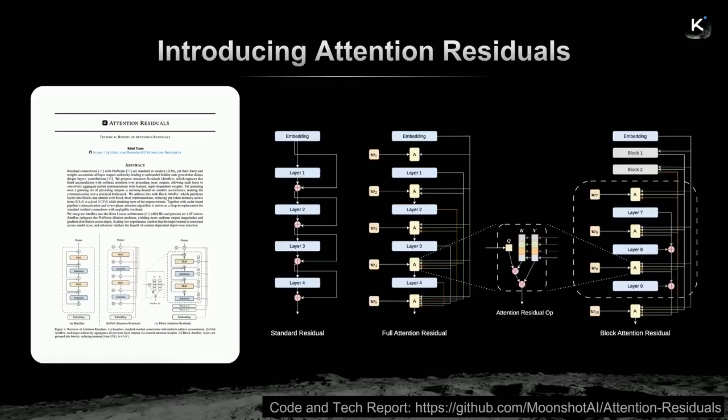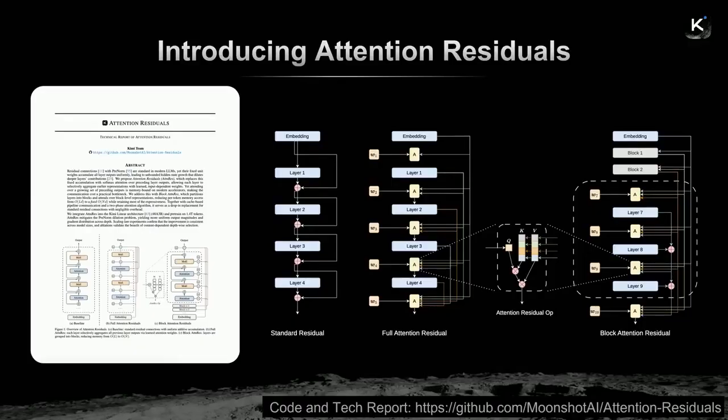And of course, to increase the efficiency and reduce the infrastructure overhead, for example communication and memory overhead, we also designed a new variant called block attention residue on the right-hand side. The idea is also simple. We divide all the layers in the neural network into multiple blocks.